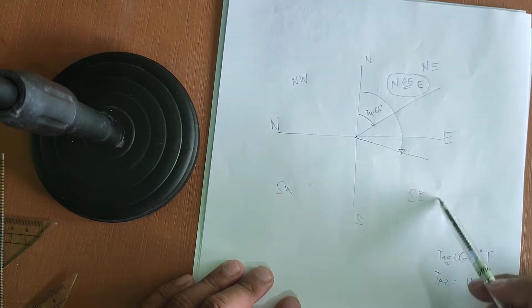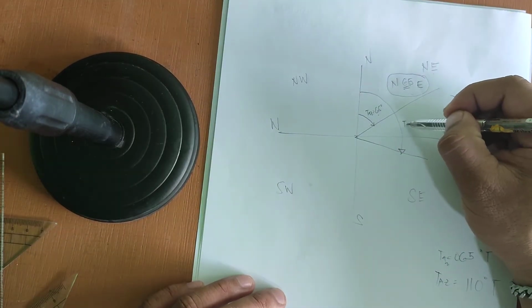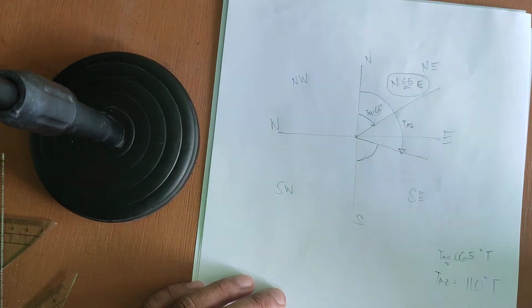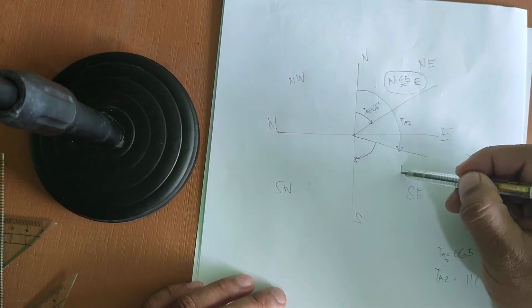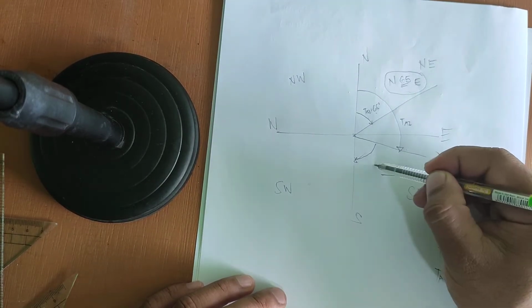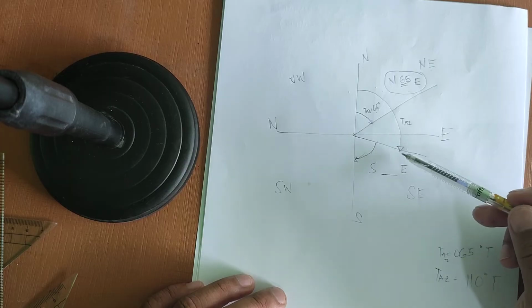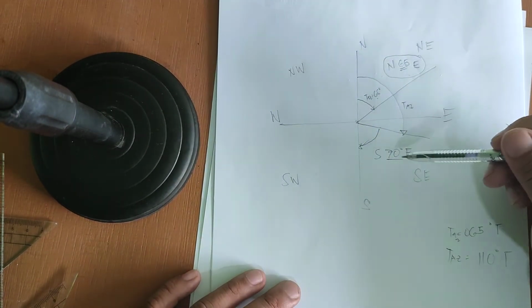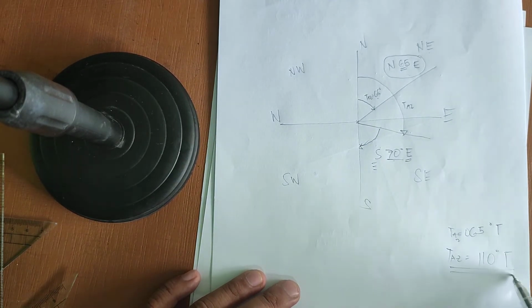So it is located in the second quadrant. So if this is my true azimuth, therefore this is my azimuth. Okay, so how do I name that? So east and then south. What angle is this? This is 20, this is 70. So 70 degrees east of south is equal to 110 degrees true.